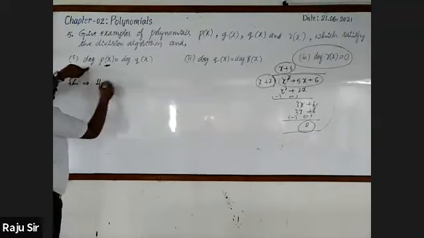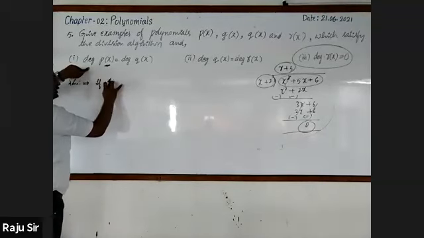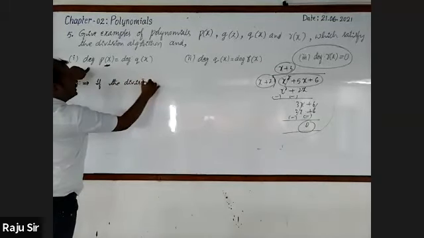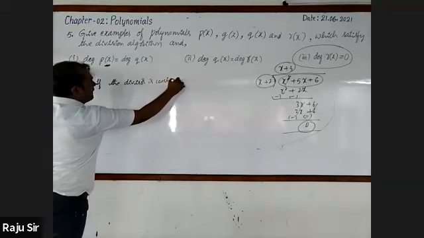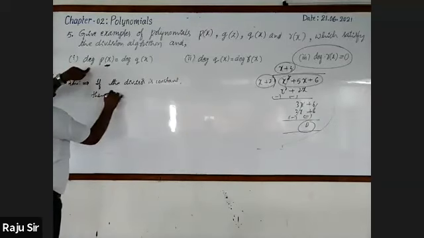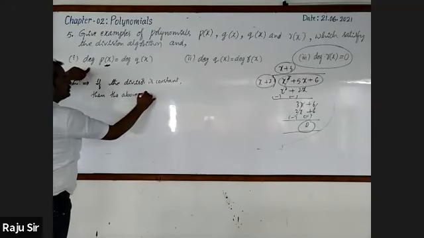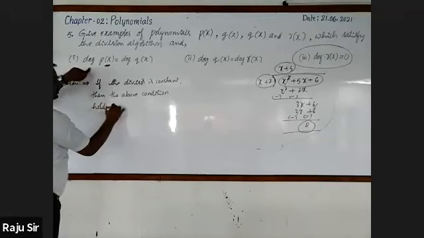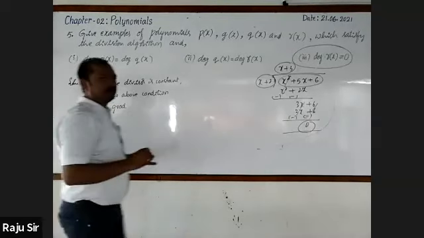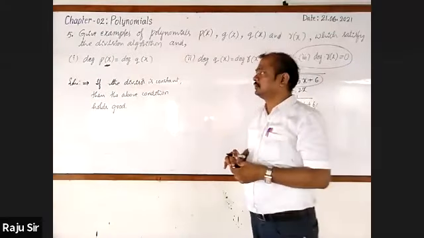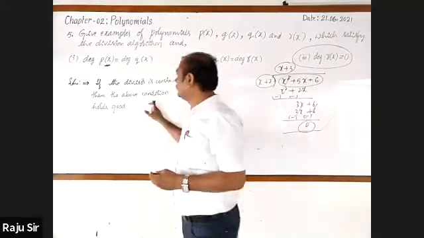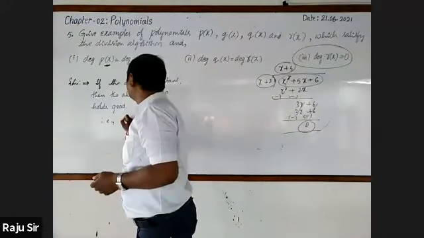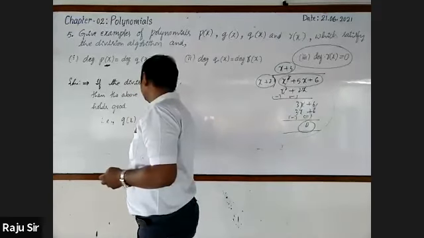If the divisor is constant, then the above condition holds good, which means that g of x is constant.